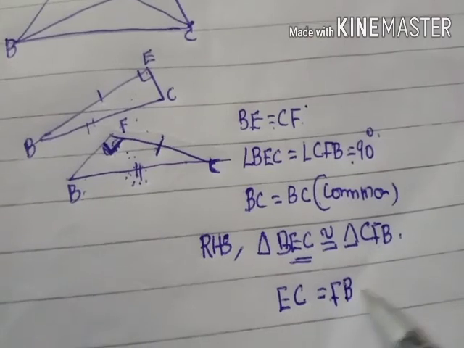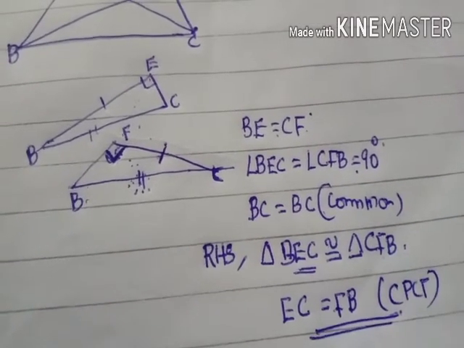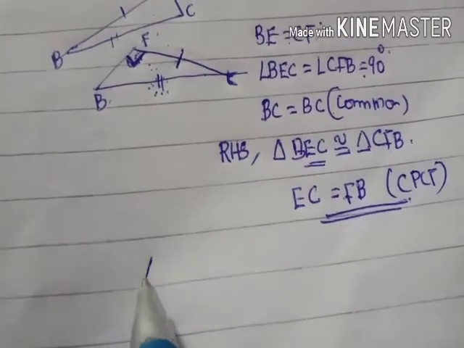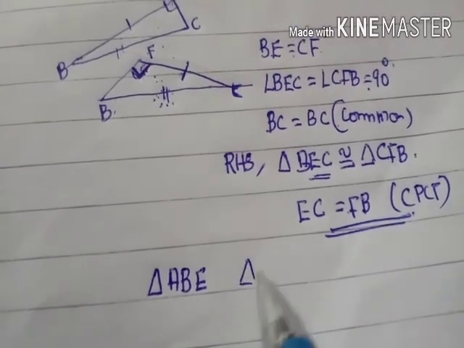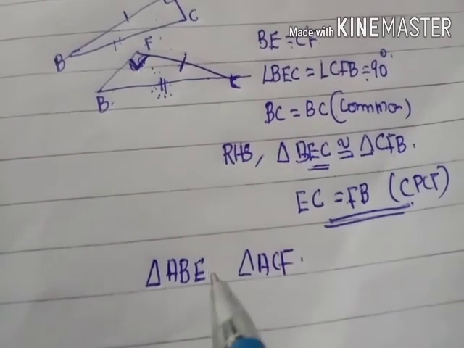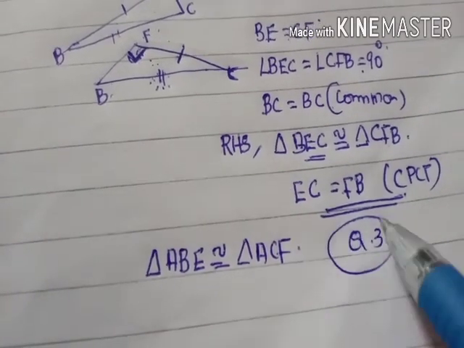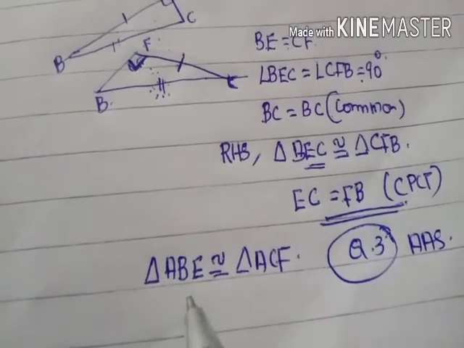EC and FB are equal, okay, by CPCT rule. Similarly, we have to consider one more part. It can be written from, we already proved triangle ABE and triangle ACF are congruent to each other. Just recall question number 3. Okay, belongs to exercise 7.2.